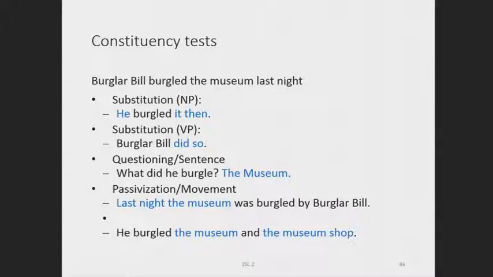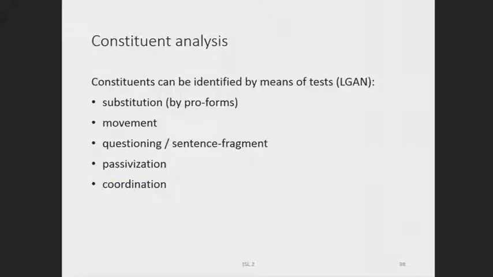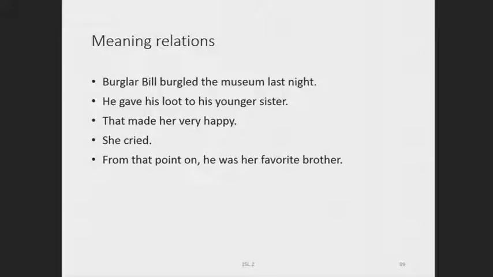And last but not least, he burgled the museum and the museum shop. What do I do here, since I have the word "and" in there? Yes, coordination. So everything that I can sort of coordinate with a similar pattern also is a constituent. These are the things we use to identify phrases and larger units. Yeah, that's just a summary of these.